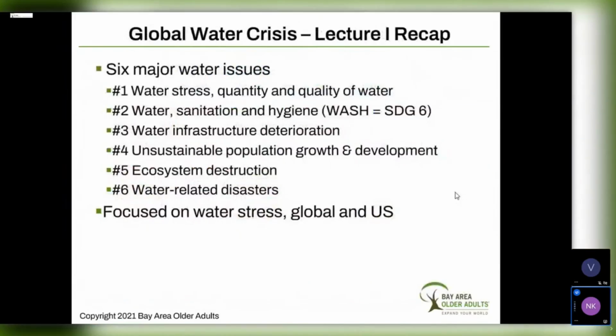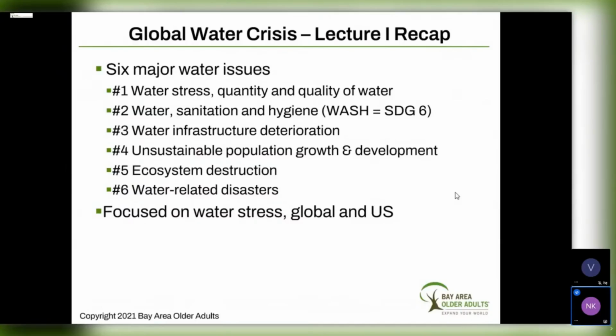Next, we covered 6 major water issues. And these were: number 1, water stress, having sufficient quality and quantity of safe water. Number 2, water sanitation and hygiene. This is the WASH goal, and that is your Sustainable Development Goal 6.